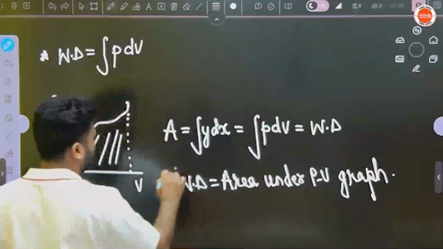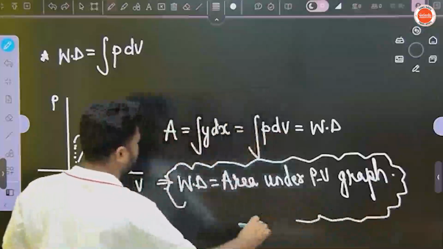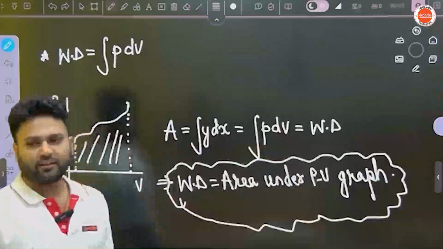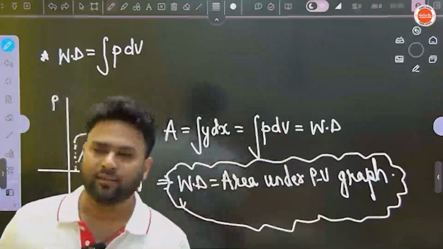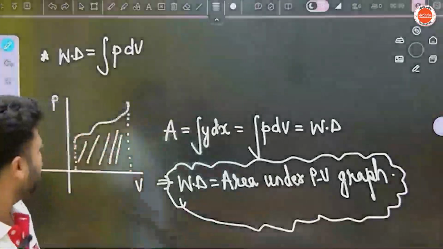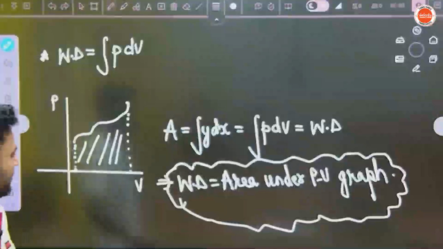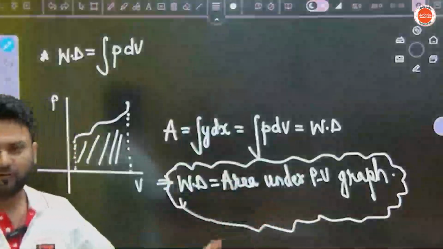This is very important. If someone asks what is the work done by the gas, it is the area under the PV graph.